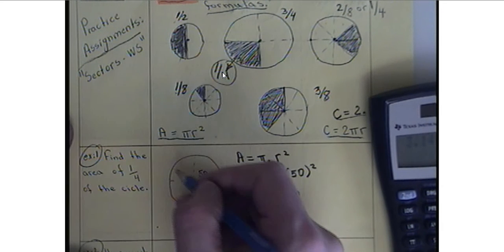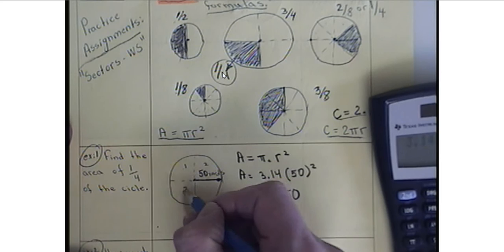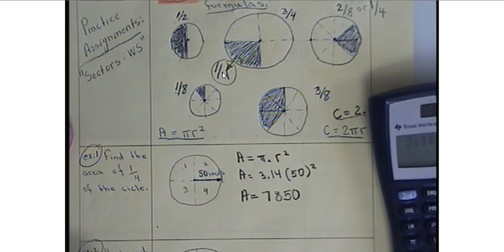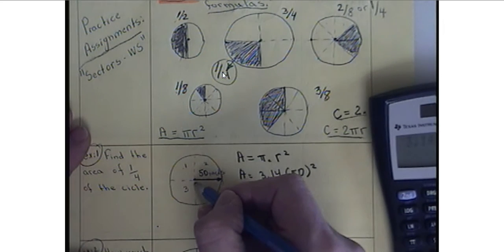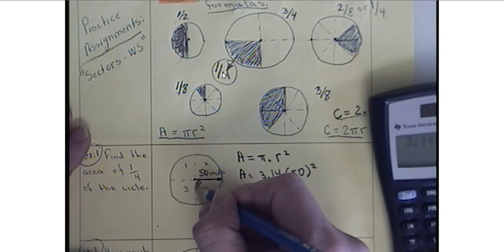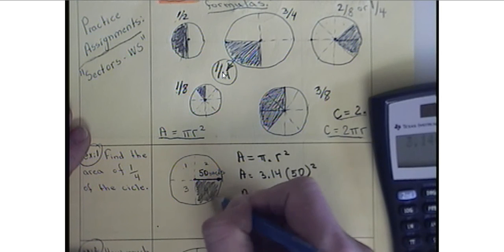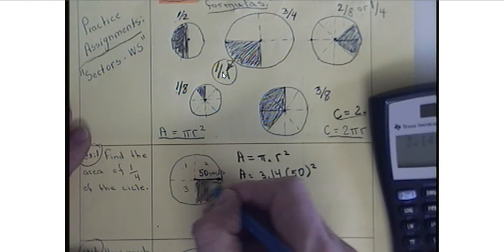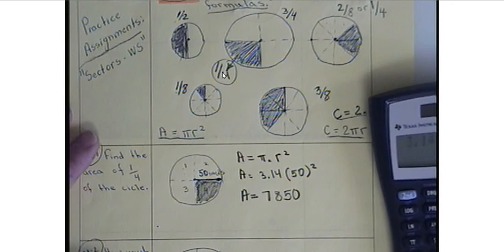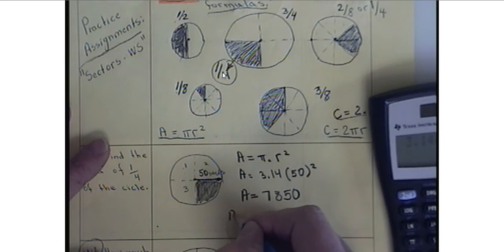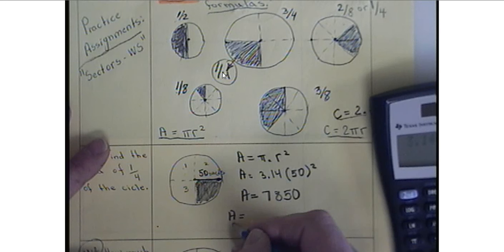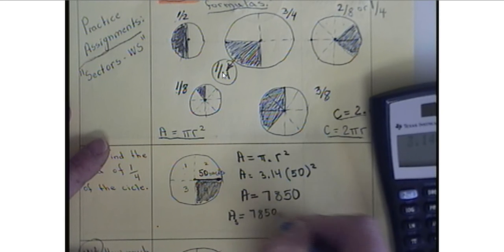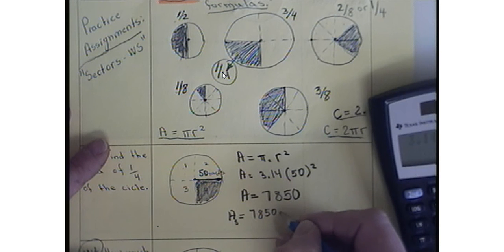Then we're looking for 1/4. Now, if those are 1, 2, 3, 4 equal parts of the circle, 1/4 will be the marked area, just one of those 4 pieces. This is 1/4. So we're looking for the area of this part. The area of the sector will be equal to 7,850 times 1/4.